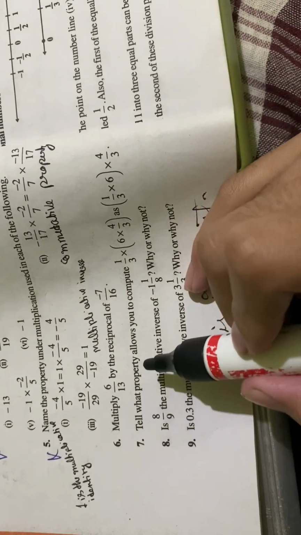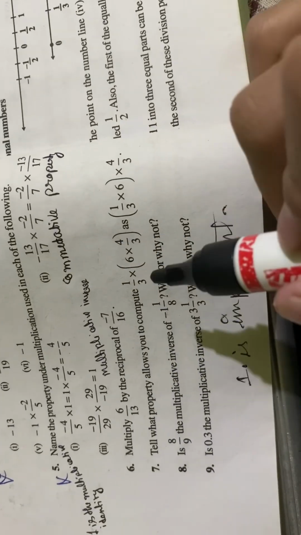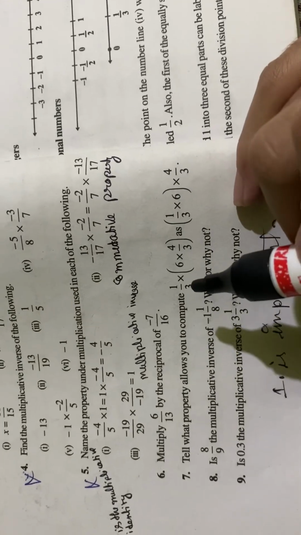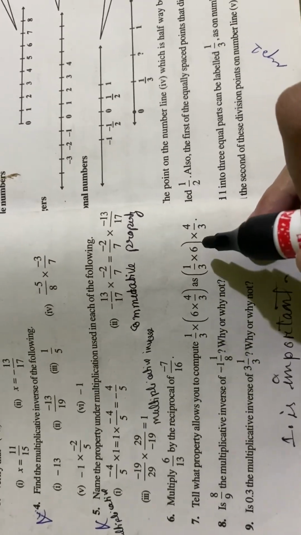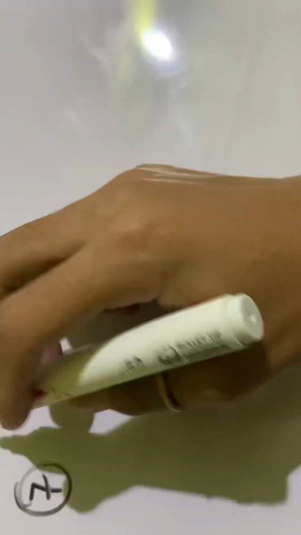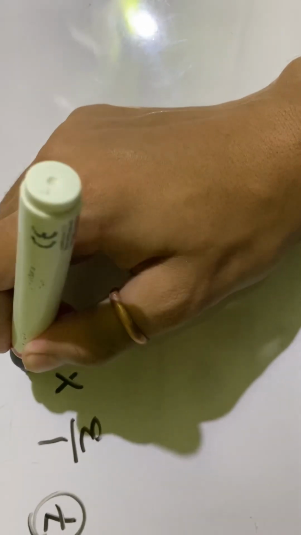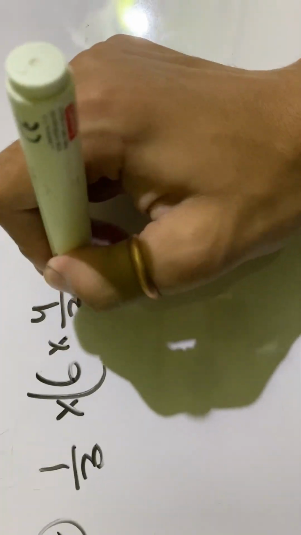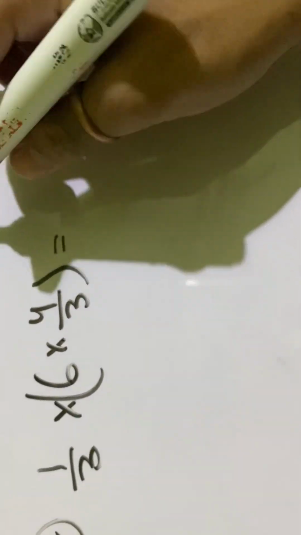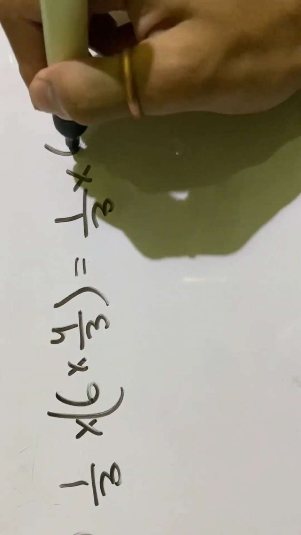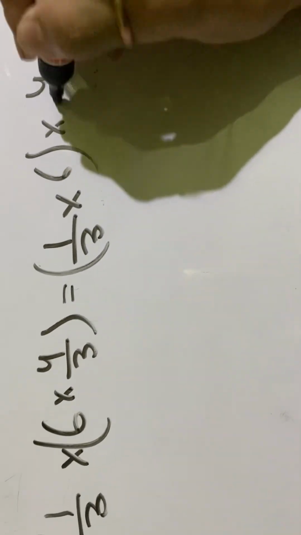Now question number 7. Tell what property allows you to compare this as this. So we'll simply write this equal to this from the question. 1 by 3 into 6 bracket into 4 by 3 equal 1 by 3 into 6 into 4 by 3.